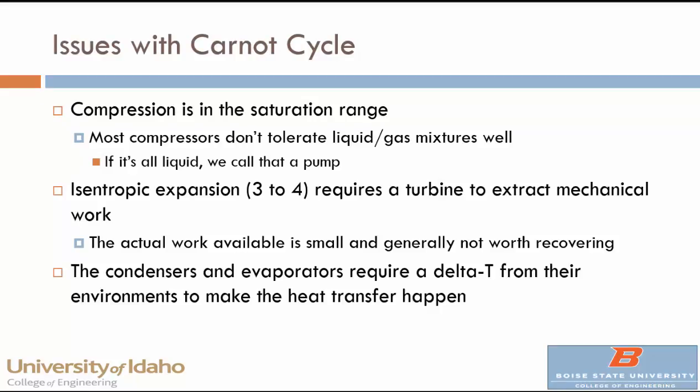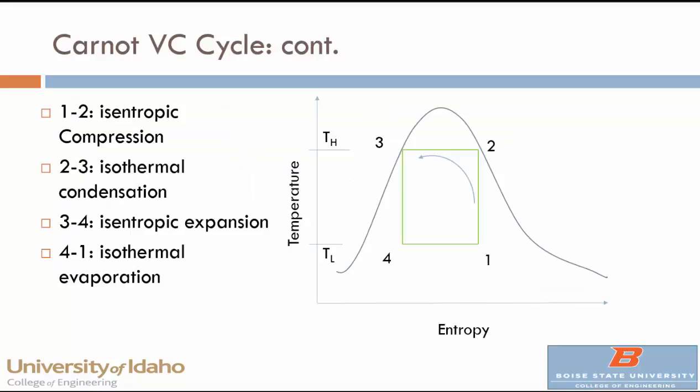Okay, so here are some issues. We don't implement the Carnot cycle. We don't build a system that works around the Carnot cycle. And here are the main reasons why. First, the compression process is in the saturation region. Let's go back to our original plot. The compression from 1 to 2 is that entire line within the saturation dome.